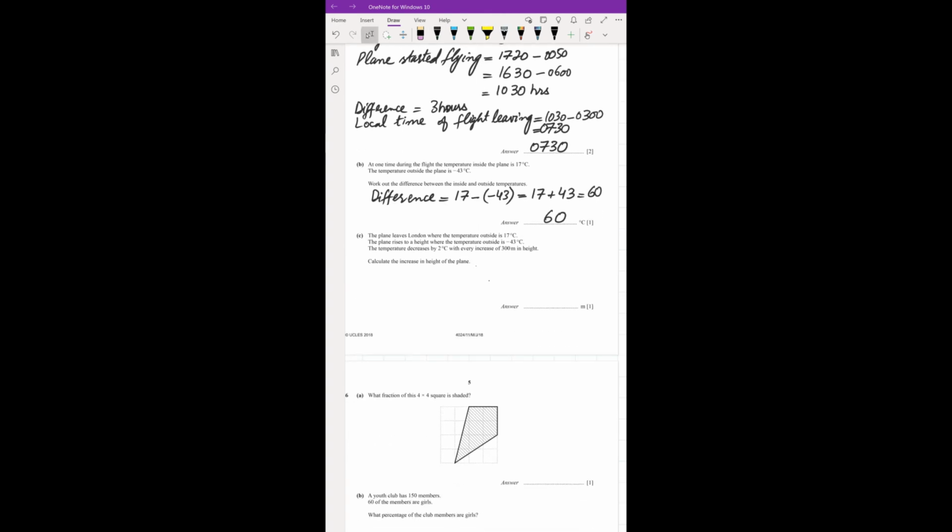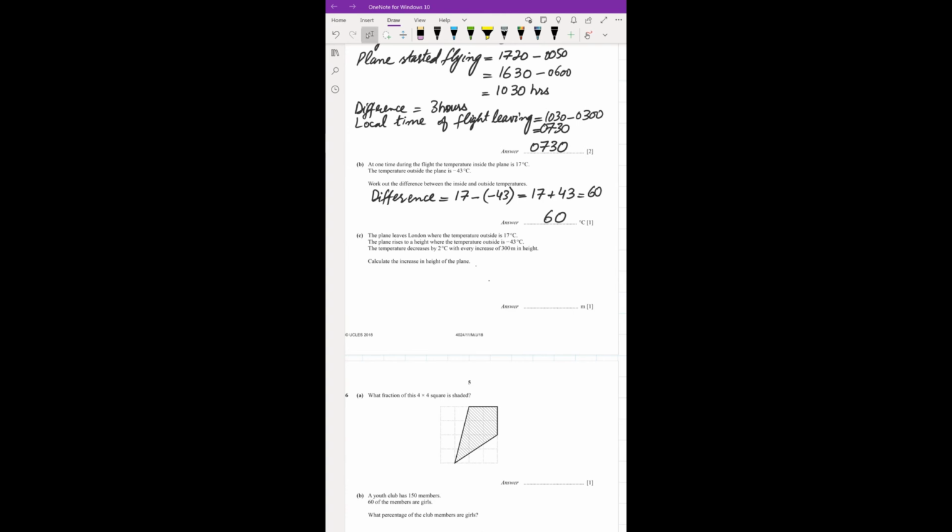In the next part, it says that the plane leaves London where the temperature outside is 17 degrees centigrade. The plane rises to a height where the temperature outside is minus 43 degrees centigrade. The temperature decreases by 2 degrees centigrade with every increase of 300 meters in height. Calculate the increase in height of the plane.